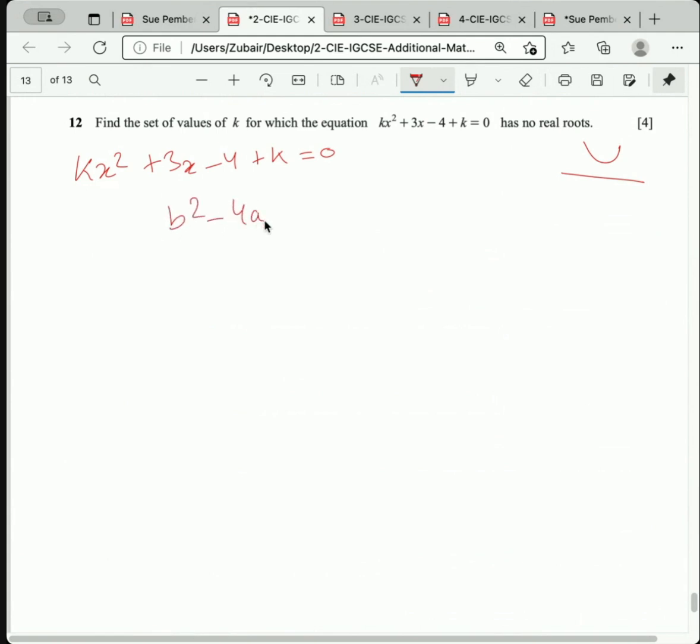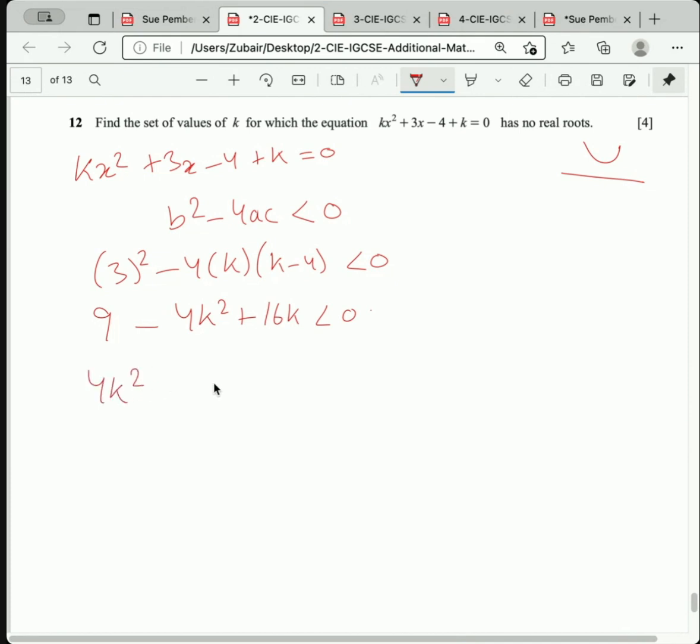B squared minus 4ac is less than 0. 3 squared minus 4, a is k and c is k minus 4, is less than 0. 9 minus 4k squared plus 16k. I'm rearranging, taking it to the right hand side: 4k squared minus 16k minus 9 is greater than 0.